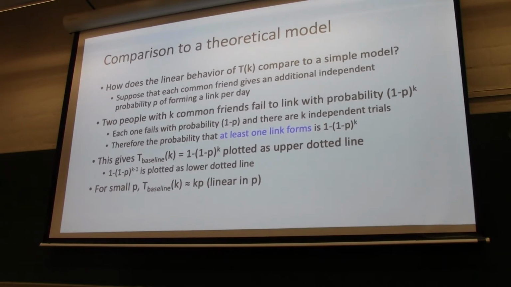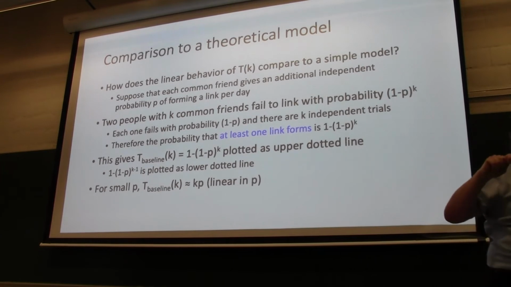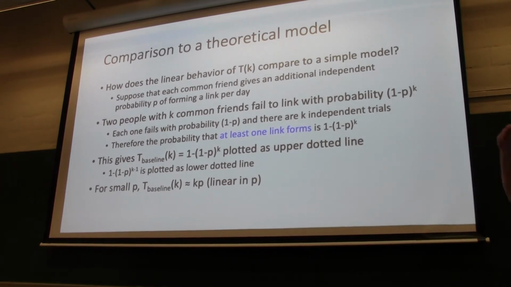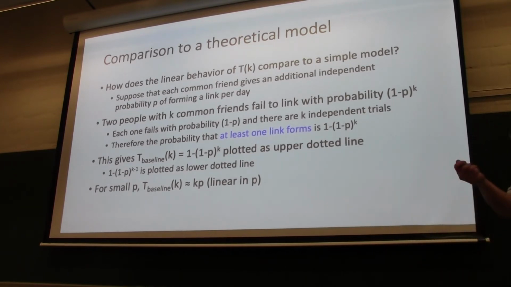Suppose that each common friend gives an additional independent probability of forming a link. That means each time you add a friend, you have an extra probability p. That means 2 friends are not the same; they're independently increasing the chance.